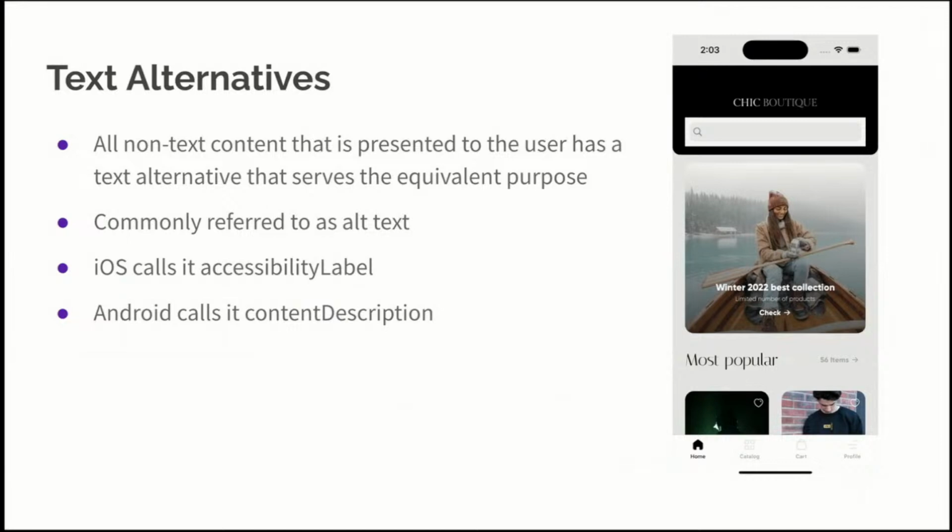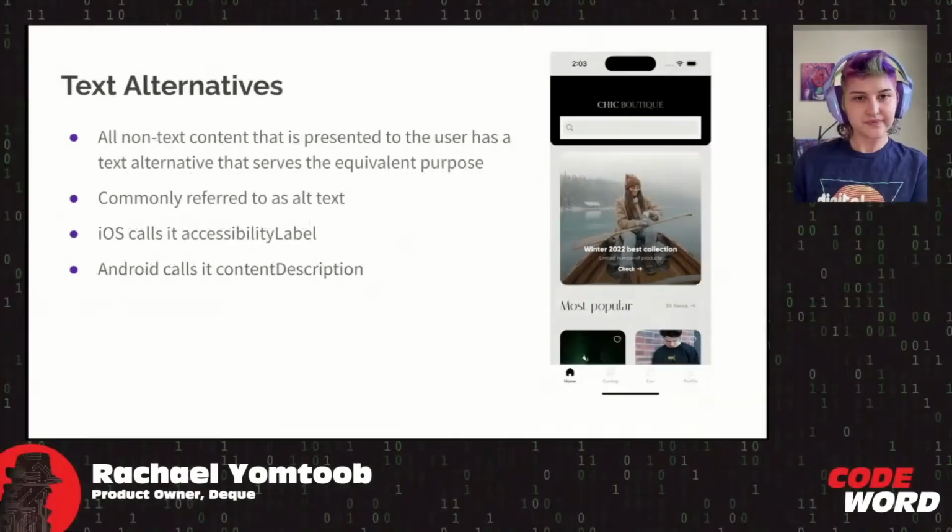And I do have a screenshot here of a sample application that I'll be using to illustrate these examples. It's an e-commerce style app called Chic Boutique. So the homepage has the title of the store with a search field and then a main header image, as well as some other icons and elements and controls that I'll describe later on.